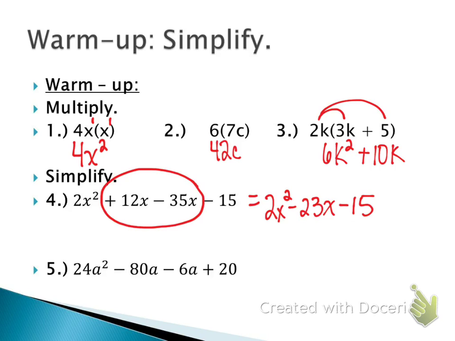All right, on number 5, what are we going to do? Combine like terms again. This time what gets combined? The a terms. I heard somebody say 80 and 6. They are both negative. So negative 80 minus 6. What would that give me?